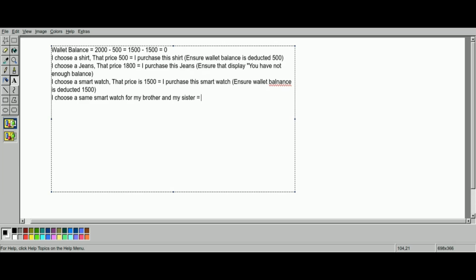Okay, and I added 1500. Then I open the same page, same page from mobile and from desktop, against the same ID.